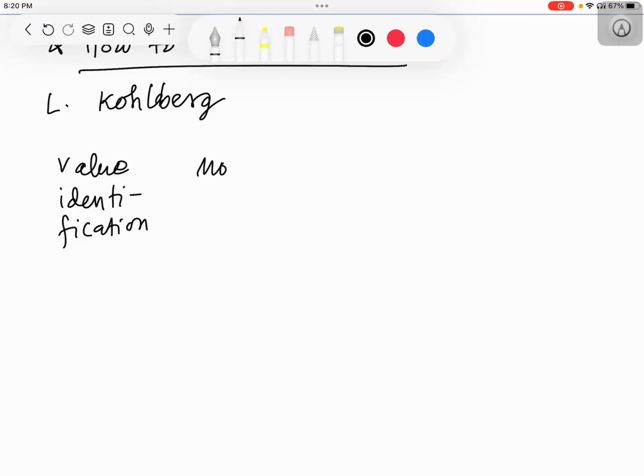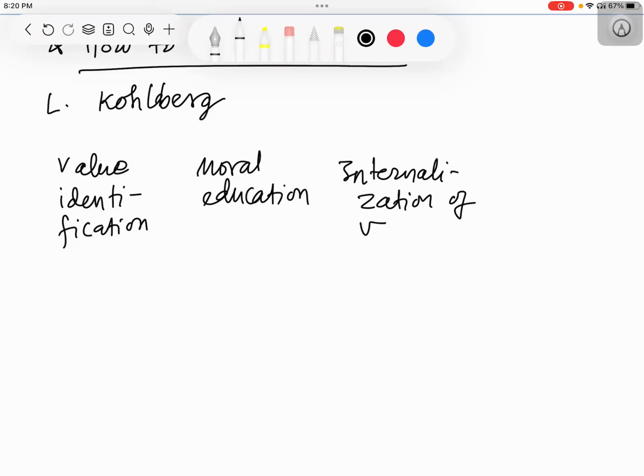moral education. Now the entire game is this moral education itself. We will discuss this. But after moral education, there is internalization of values by the person himself or herself, and finally this leads to moral development. Okay.